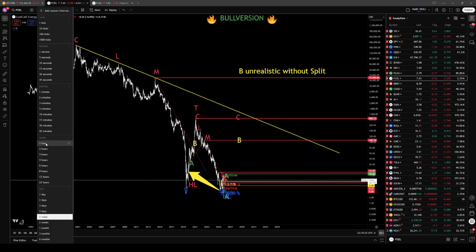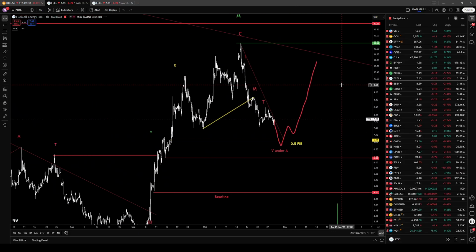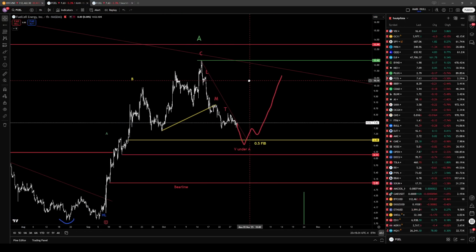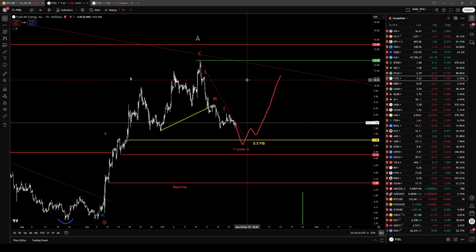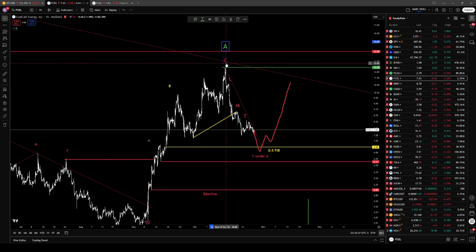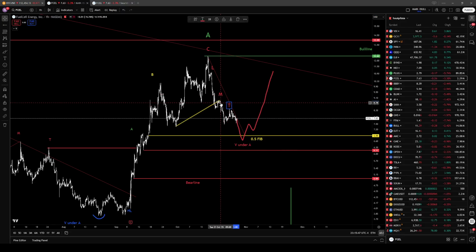And now we look at what we have done today. Kind of the same. We already did our big A peak, which is our small C peak. We already did L midpoint, and in my opinion, this would be our T point.